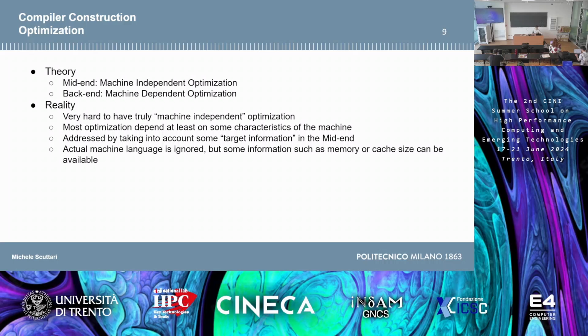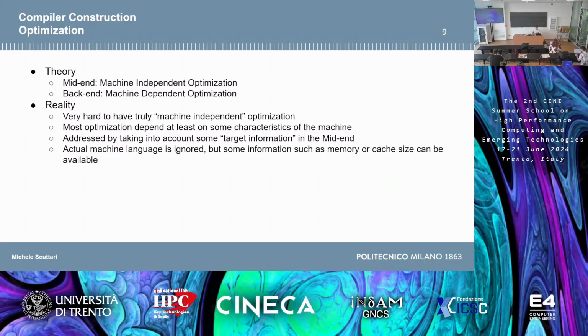For optimization, we have the same, except that here the target data that we typically need are things like cache size, memory size. It goes as far as an entire model of the pipeline, but there you are already very machine dependent.